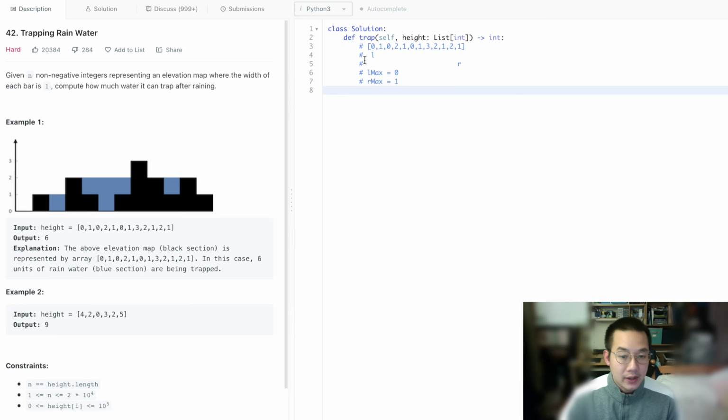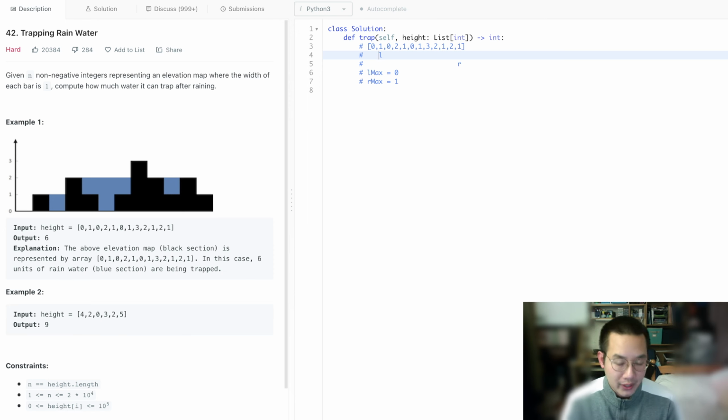This means that we cannot trap any water. So we're going to move the lower point up so that we can find the place where we can start trapping some rainwater. Okay, so we moved left up.